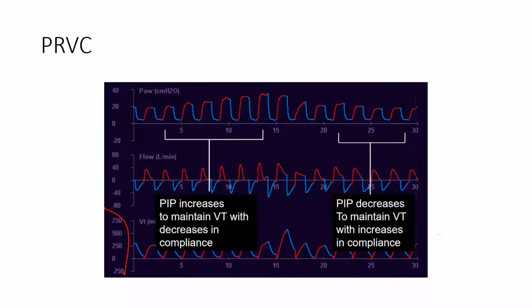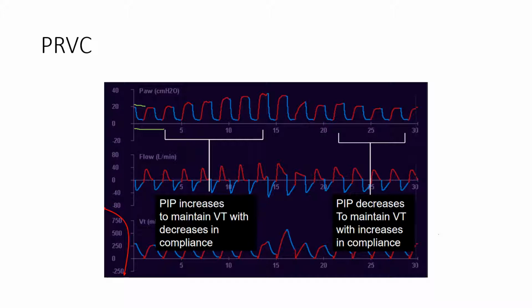These graphics here are for pressure regulated volume control. And in this example, we have the tidal volume set at 300. So the ventilator is delivering pressure to try to maintain that 300 tidal volume. So you see, to start off here, moving from the right to the left, you see lower pressure, right at about 20, and you see it rises up to about 35-ish, 40.